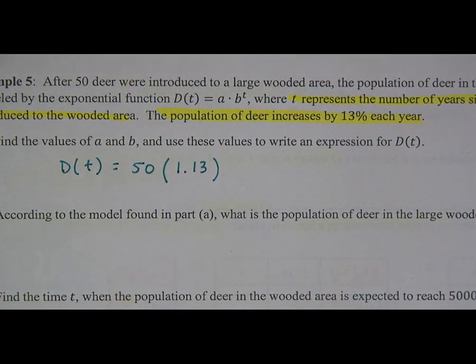So 113% is really what is sitting as the B. So that's just a little extra thing you got to think about. You have seen this sort of problem in like the interest when you invest money and it grows this much each year. You've got to put that 1 point in front. Yes.